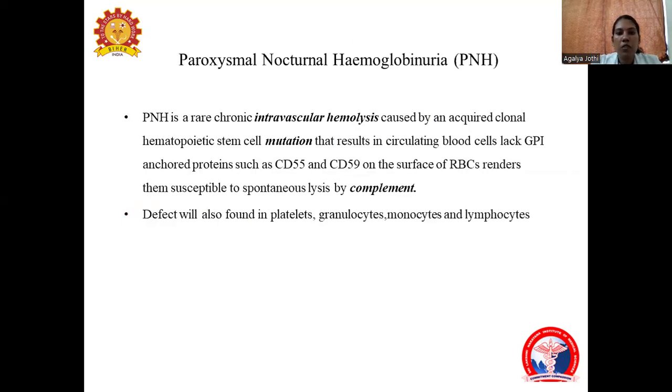Coming to paroxysmal nocturnal hemoglobinuria. PNH is a rare chronic intravascular hemolysis caused by an abnormal hematopoietic stem cell mutation that results in circulating blood cells lacking GPI-anchored proteins such as CD55 and CD59 on the surface of RBCs, which renders them susceptible to spontaneous lysis by complement.